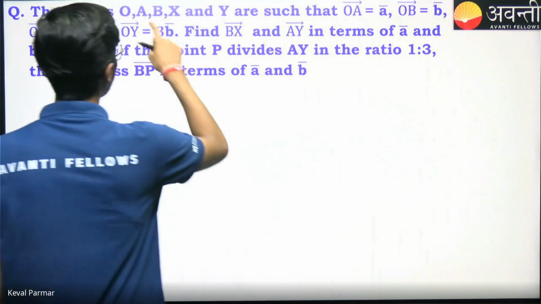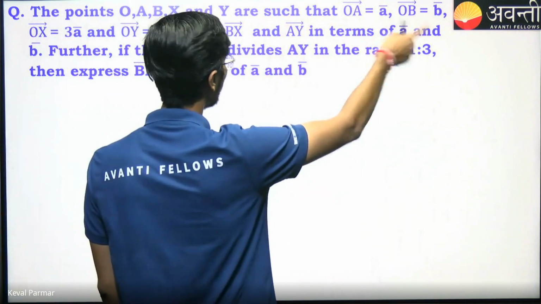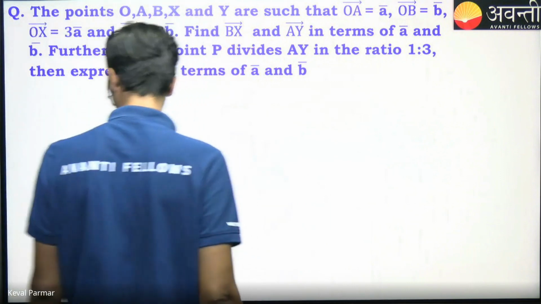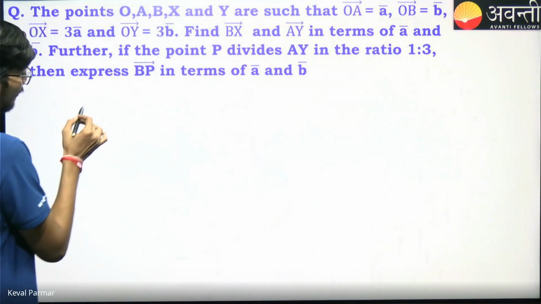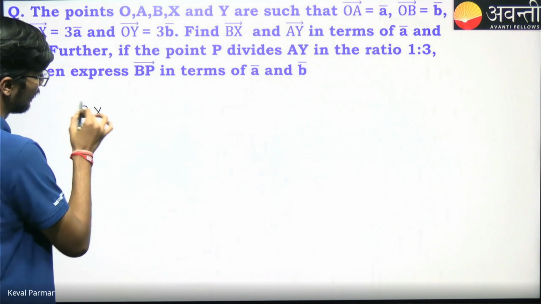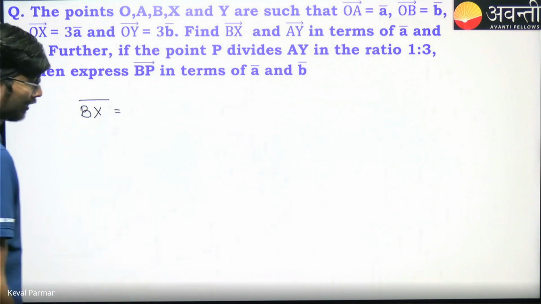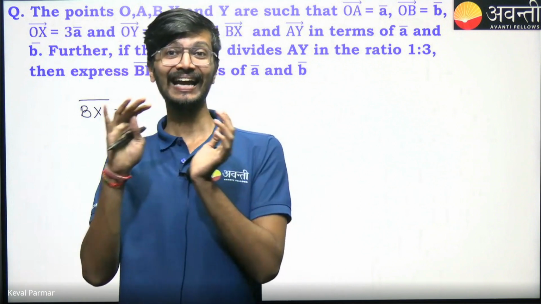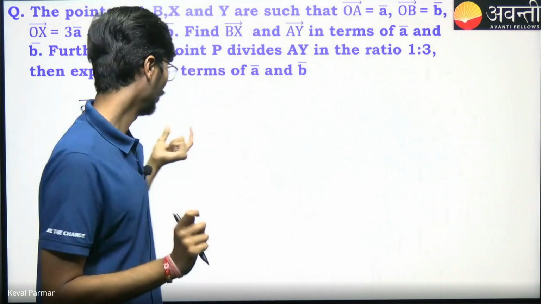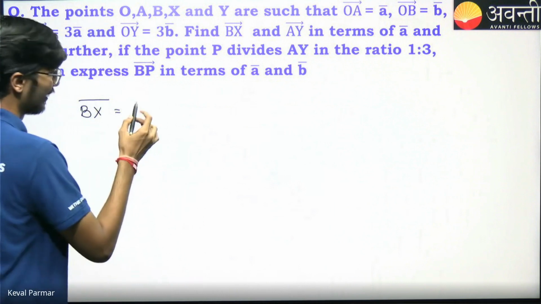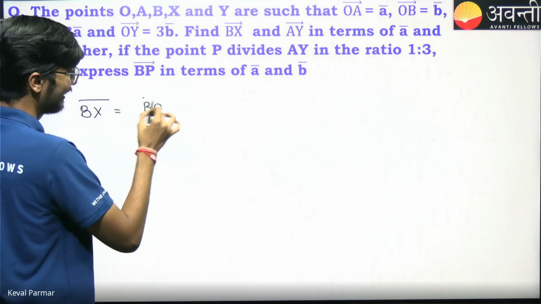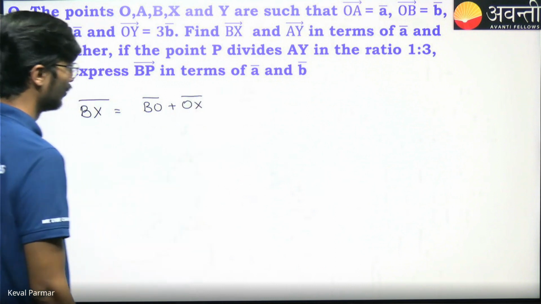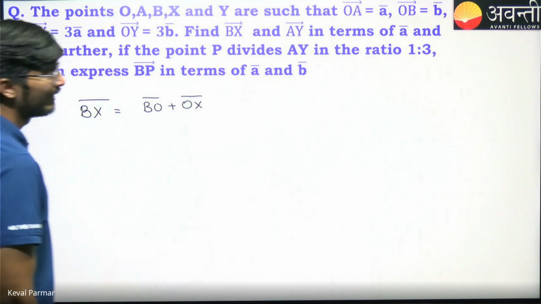First, we have been given 4 points such that OA, OB are here, OX, OY are there. We have to find BX bar. As you all know, by triangle law, we can write BX bar as BO bar plus OX bar. Do we have BO bar?